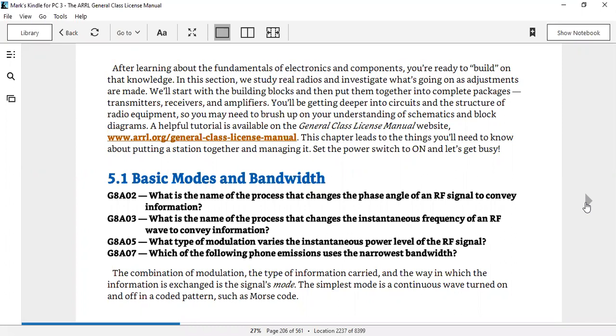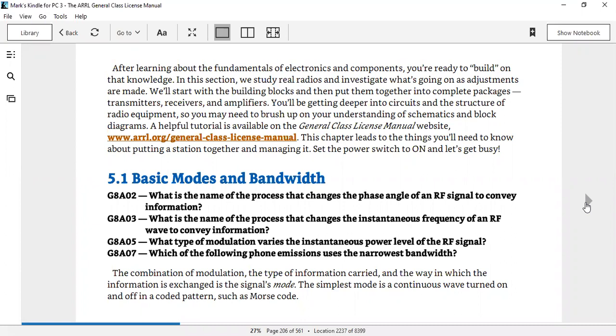On a scope it'll show a sine wave that isn't modulating. That sine wave will be converted in your receiver, and you'll hear a tone that is just on and off, on and off. That's how continuous wave is keyed. That's called CW, and that's using Morse code.